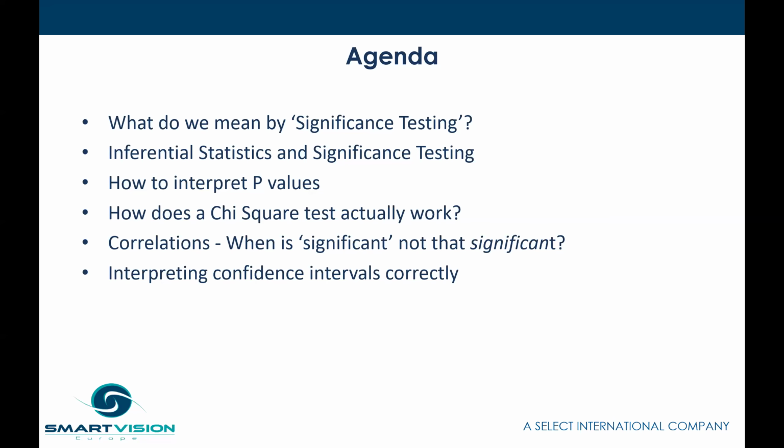And lastly, we're going to look at interpreting confidence intervals because that allows us to cross off when we're looking at relationships between categorical and scale variables. Confidence intervals are a good route into that world and form the basis to other types of statistical analysis such as t-tests and ANOVA.